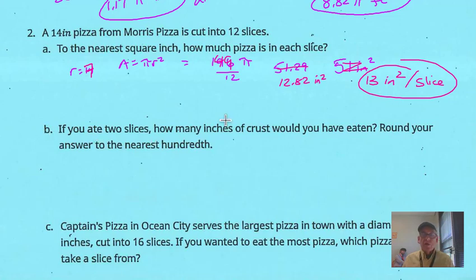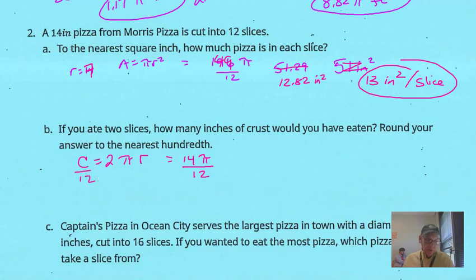Let's look at B. If you ate 2 slices, how many inches of crust would you have eaten? So what we need to do now is find the arc length of one slice and then double it. One slice is going to be 1/12 of the circumference. So the circumference is 2 pi r. And again, r is 7. So that gives us 14 pi for the circumference. It's divided into 12 slices.